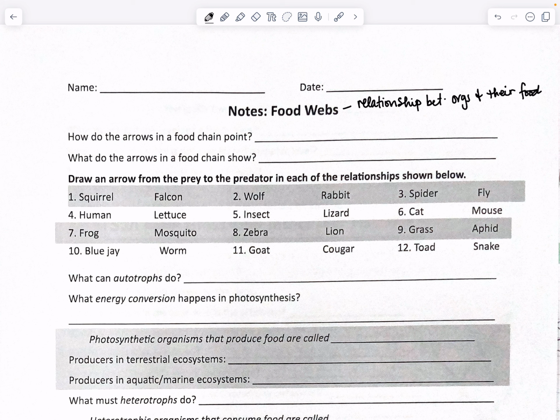So food webs are normally going to be in a picture form of some sort, or they can be in words as well, but they also involve arrows. And the arrows point always from the prey to the predator, from who's being eaten to who's doing the eating.